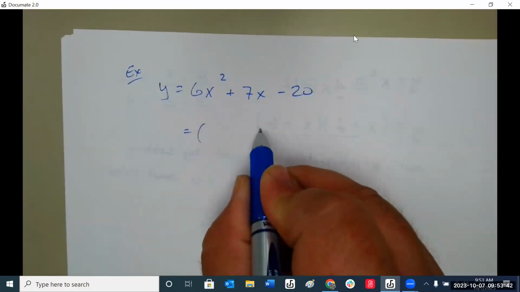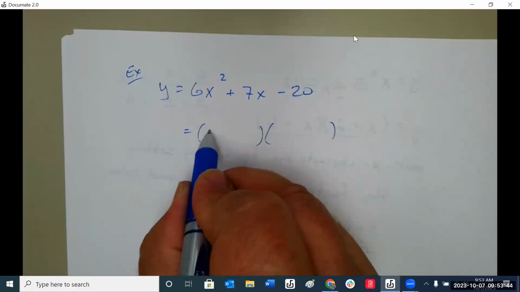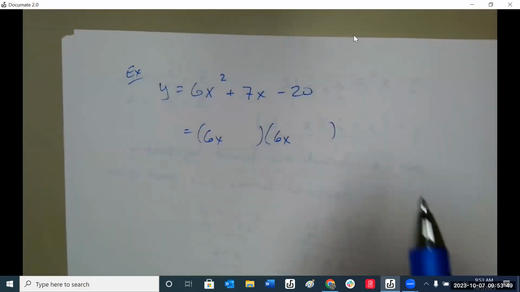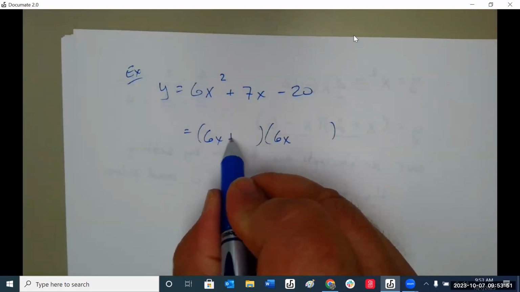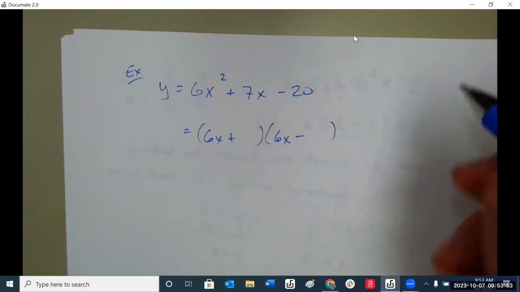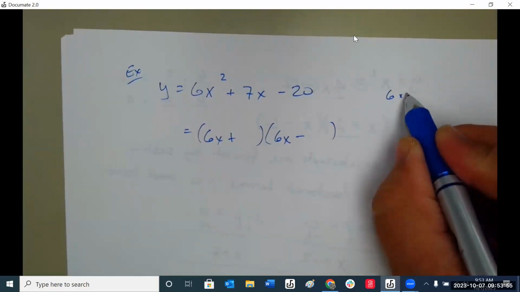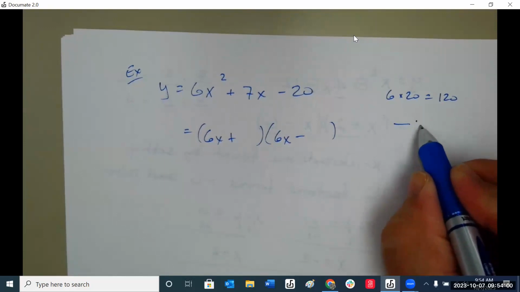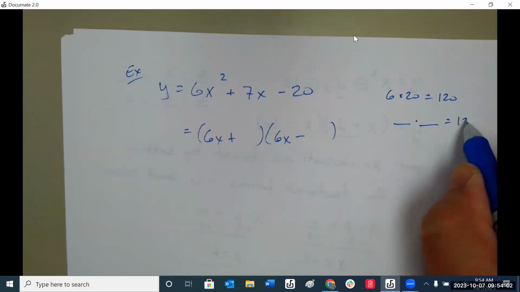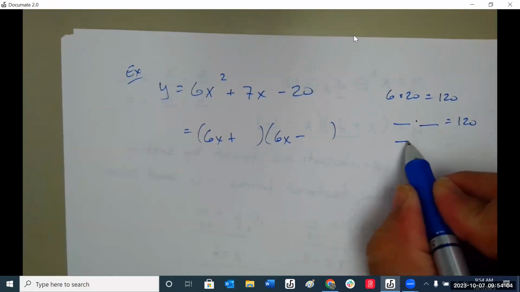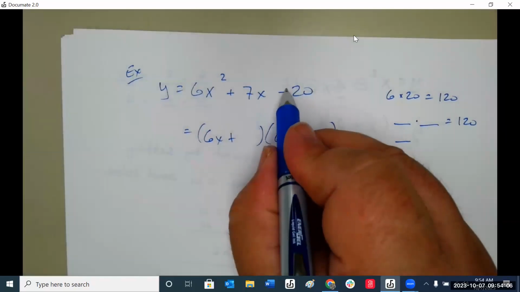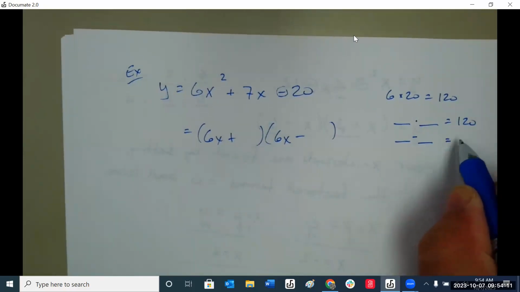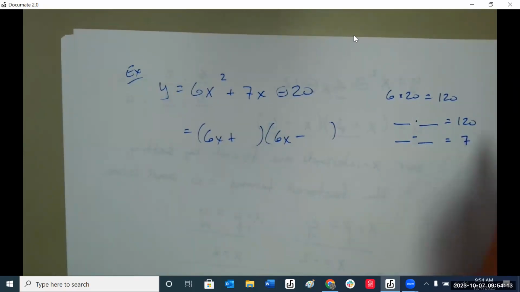Well, yeah, we have to first put everything together. So we have 6x, 6x. What about the signs? Right, now we do that. 6 times 20 is 120. So give me two numbers that multiply to equal 120. Now, since this is a minus, we subtract them, we get 7.